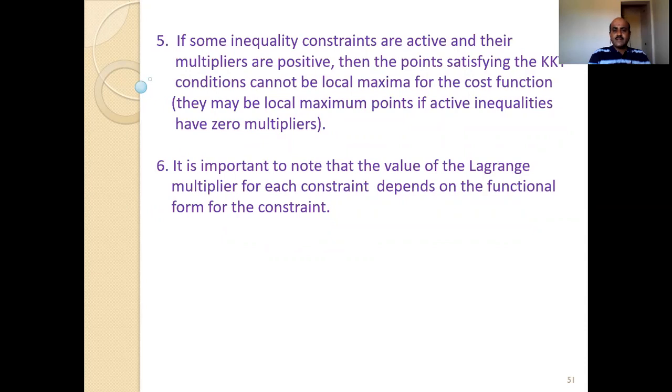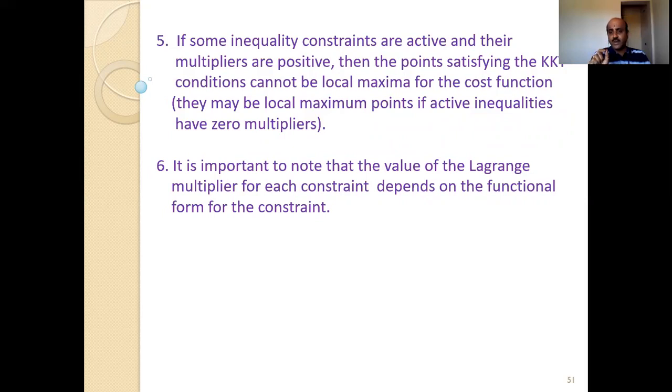If some inequality constraints are active and their multipliers are positive, then the points satisfying KKT conditions cannot be a local maximum for the cost function. They may be local maximum points if active inequalities have 0 multipliers. So this point is very important. If you have some inequality constraints which are active and also their multipliers are positive, then those points which satisfy the KKT conditions cannot be a local maximum for the cost function.